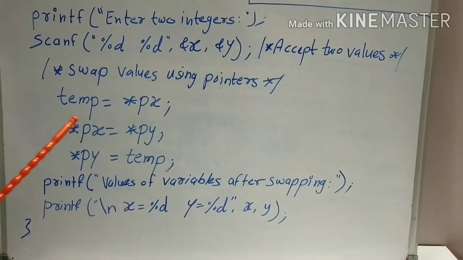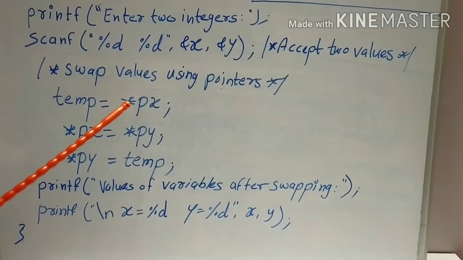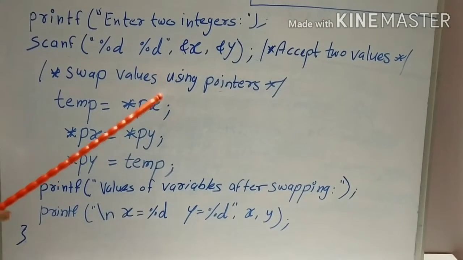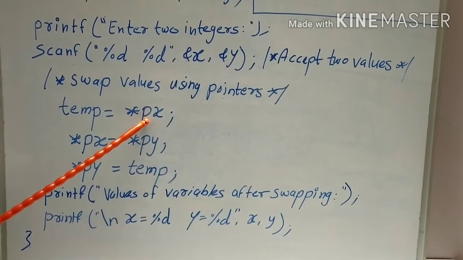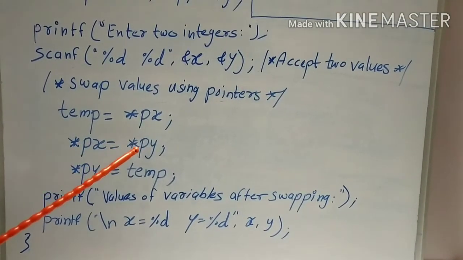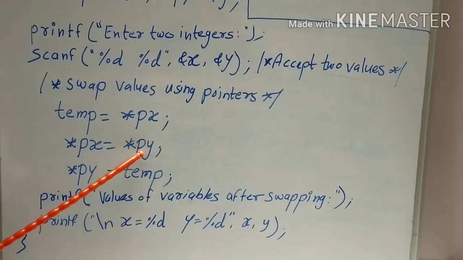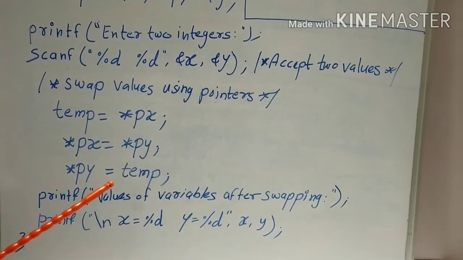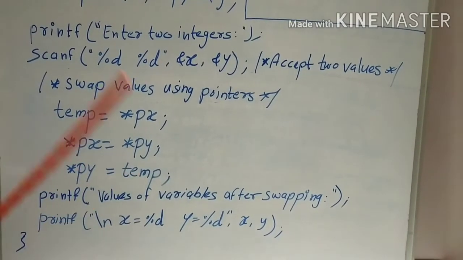The first step is temp is equal to star px. Here star px represents the value of variable x. Star px is equal to star py. Here also star py represents the value of y variable, which is assigned to x. Star py is equal to temp.